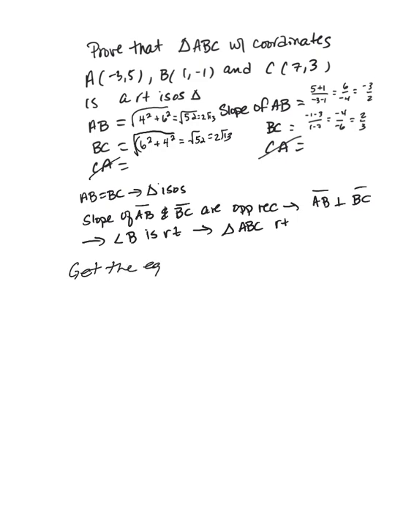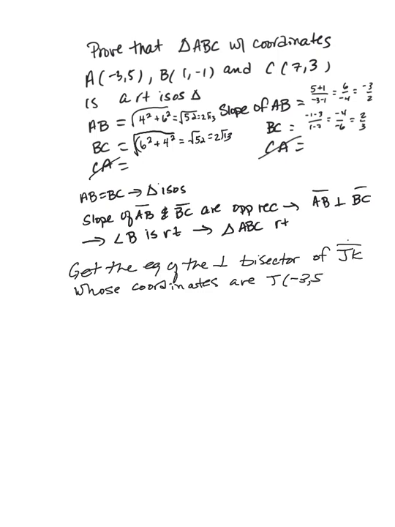Get the equation of the perpendicular bisector of JK, whose coordinates are J(-3, 5) and K(-1, 7).